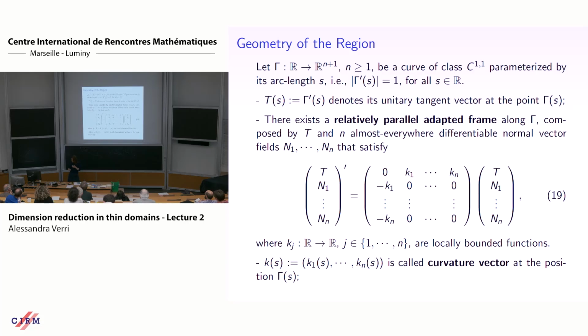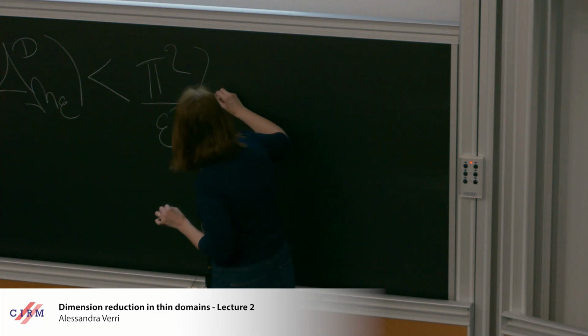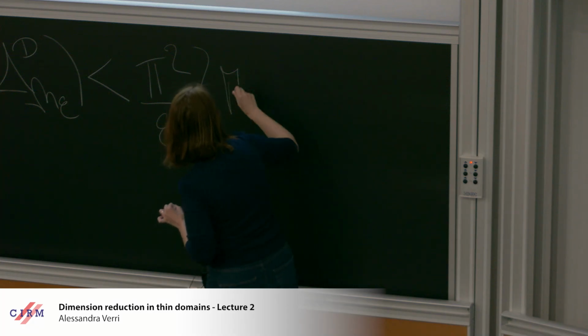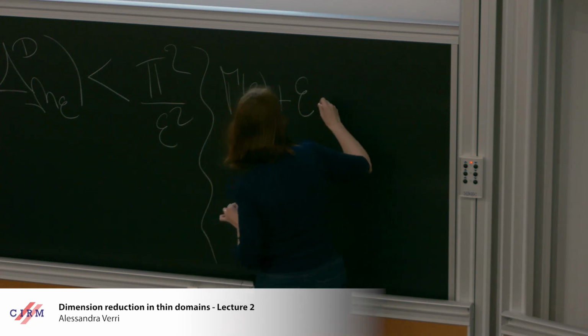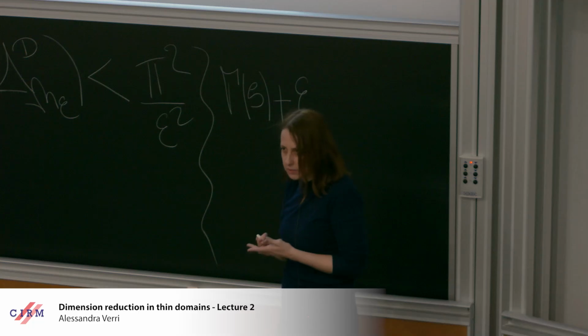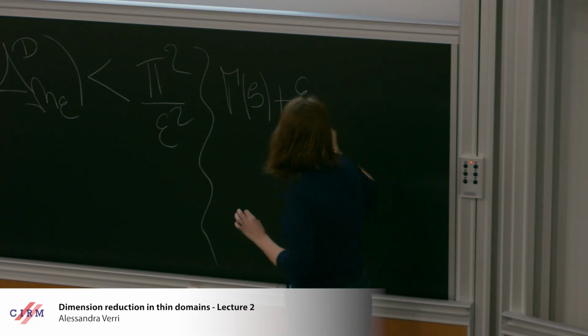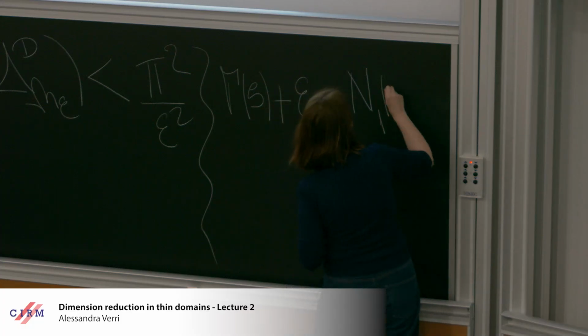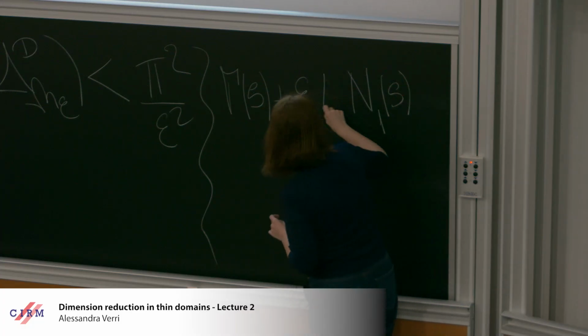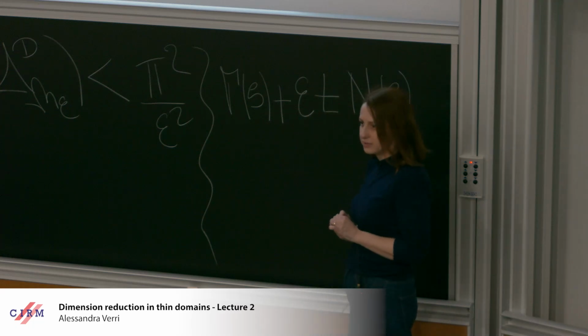At first we can construct a strip in the same way as before. We can parameterize a point of this strip as gamma(s) plus epsilon times t. We can fix one direction, for example, N1(s), and we have here the transverse parameter.